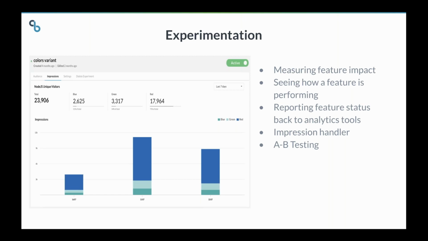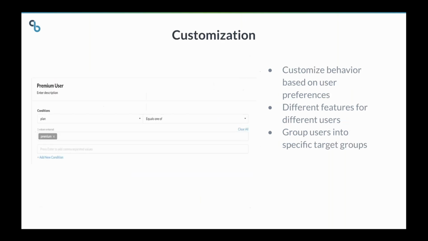So you would push out one homepage to 50% of your users, the other homepage to the other 50%, and then you could track which one is performing better with your customers, and then whichever one starts performing better, you would scale that up, and the one that's performing worse, you would scale that down. That's the idea behind A/B testing, exposing 2 different features to 2 different groups, seeing which one performs better, running analytics on it, helping you decide which features you really want to pursue.